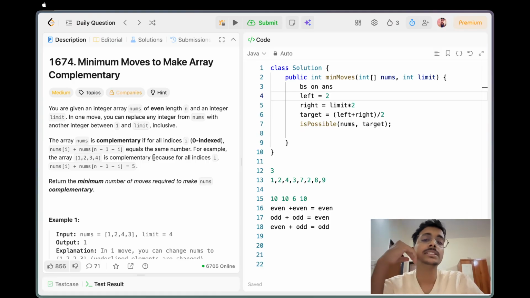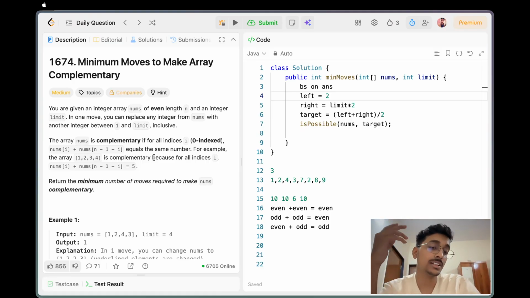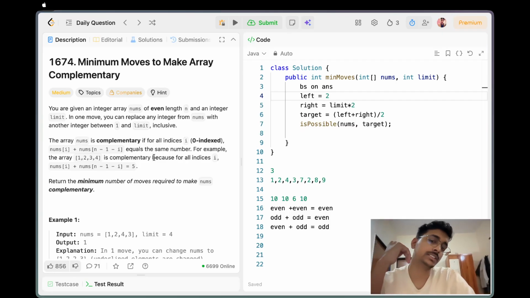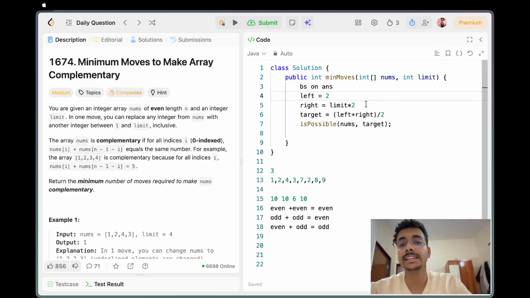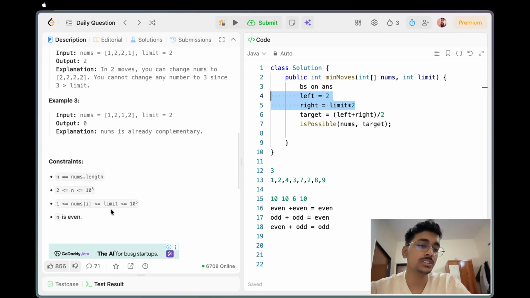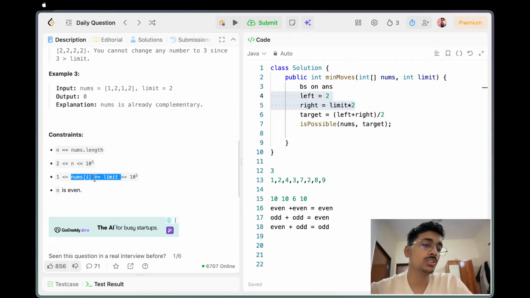Since the limit is greater than any element in the array, that resolves a lot of problems for this case. So this thinking is actually correct, just because this condition is in our constraint. I don't know how I would be able to solve it if the limit could be less than any of these numbers.